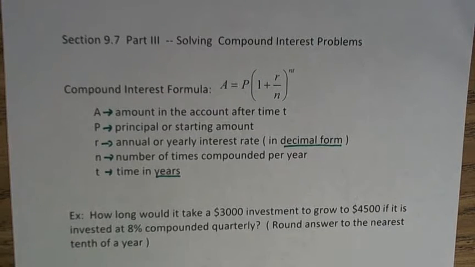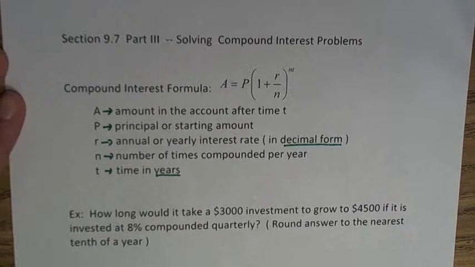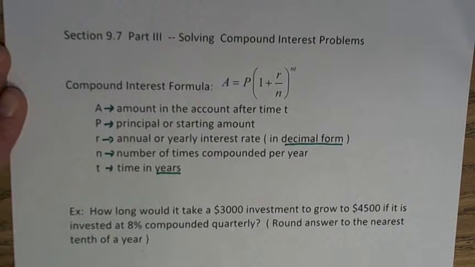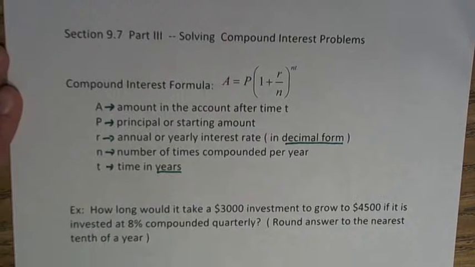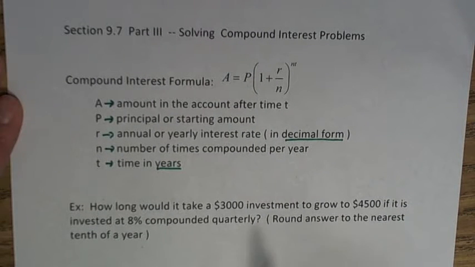The question we have here is, how long would it take a $3,000 investment to grow to $4,500 if it is invested at 8% compounded quarterly? And we want to round our answer to the nearest tenth of a year. If we take a look at the problem, we know that it is a compound interest formula because it's telling me we're compounding quarterly.